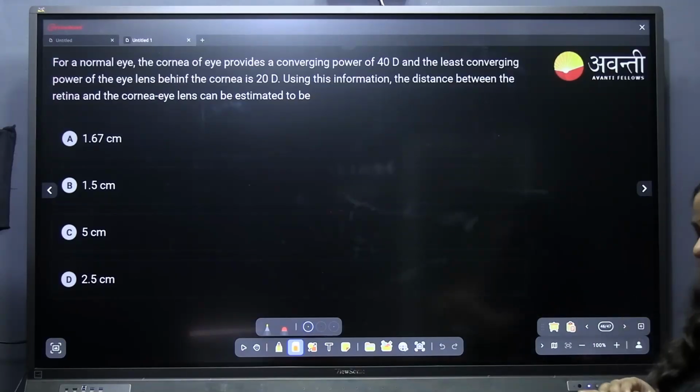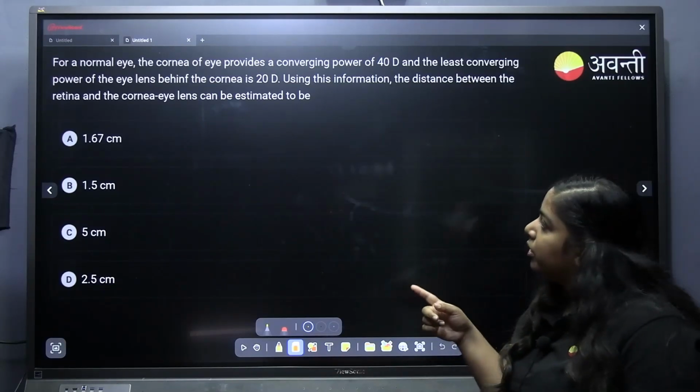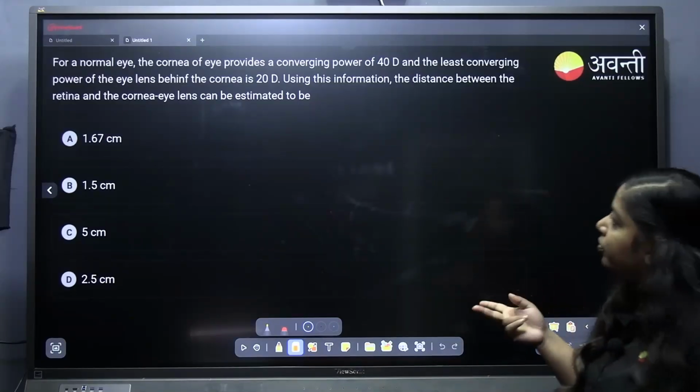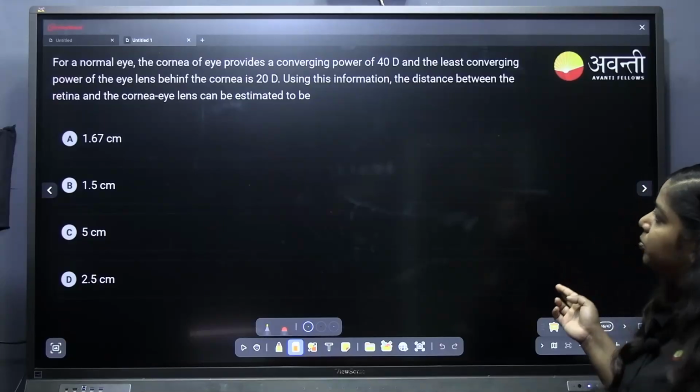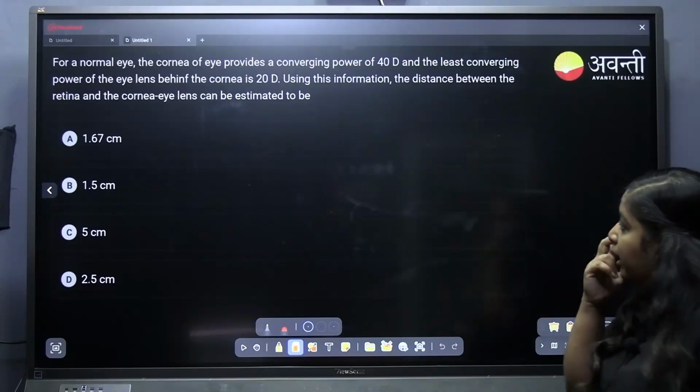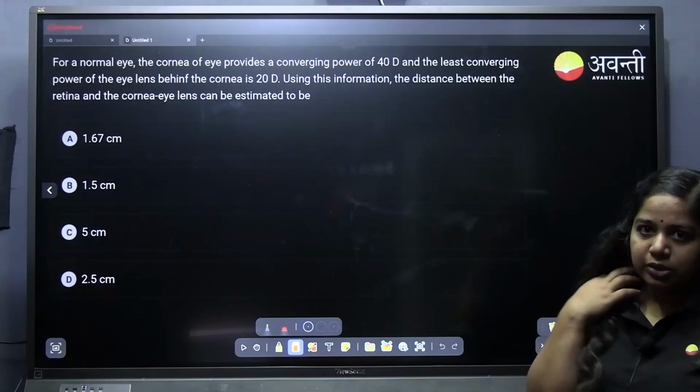This is the last question for today. For a normal eye, the cornea of the eye provides a converging power of 40D and the least converging power of the eye lens is 20D. Using the information, the distance between retina and cornea eye lens can be estimated to be?